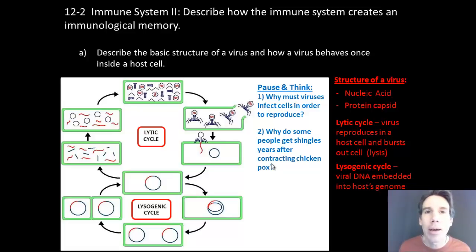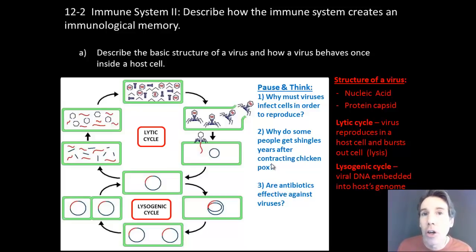Then the virus senses that weakened immune system and reemerges, coming from the spinal cord out of the nerves and then out of the skin, creating those pustules. So someone who has never had chickenpox, if they come into contact with someone with shingles, can get chickenpox from their shingles.